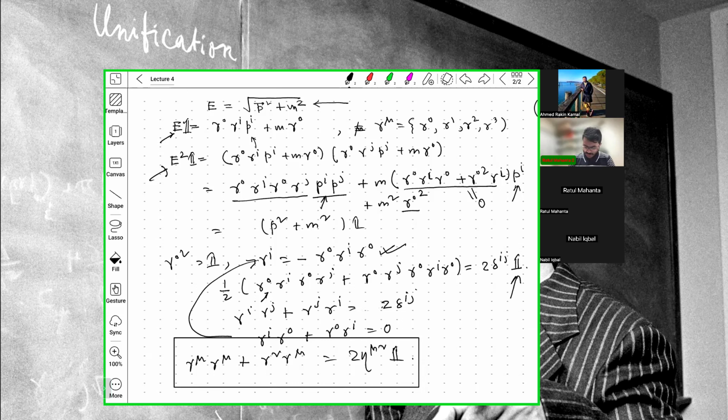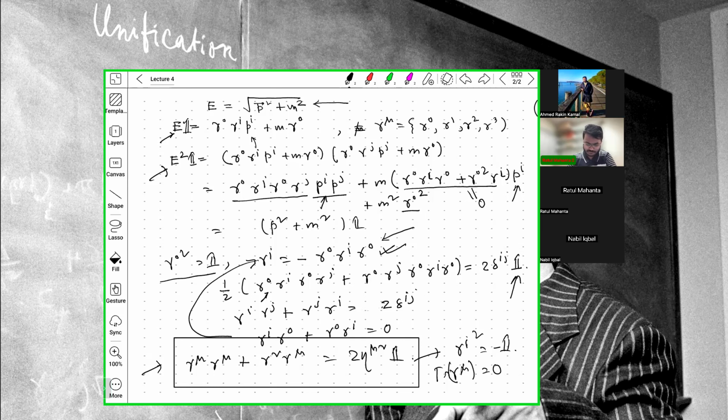Okay, so I should state some properties. For example, gamma 0 squared is identity. Similarly, this leads to gamma i squared being minus identity. You can also compute the traces from here, and you will see that all the gamma matrices are traceless. These properties are already encoded in the relation I have written in the box. Let us check one trace using this relation.